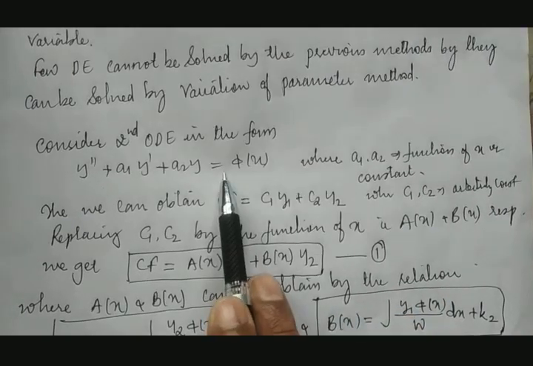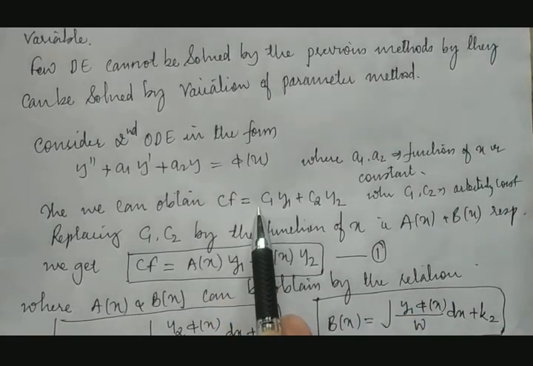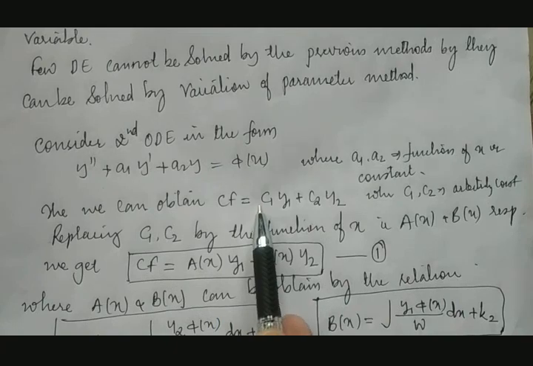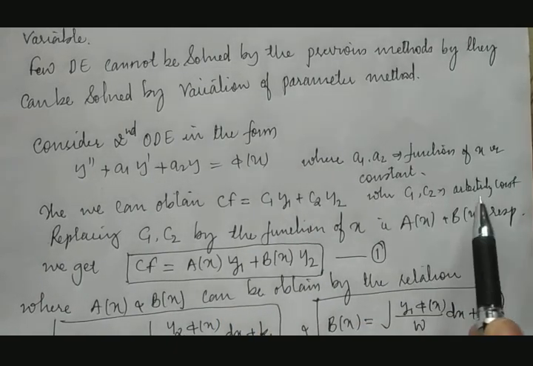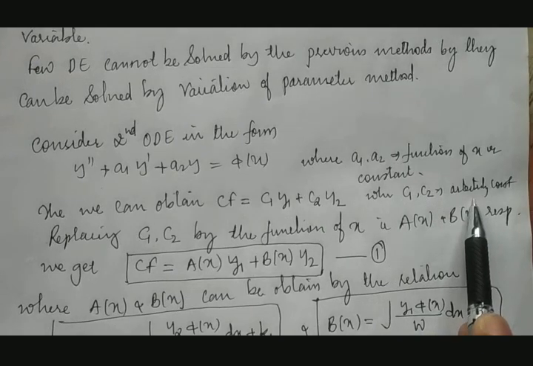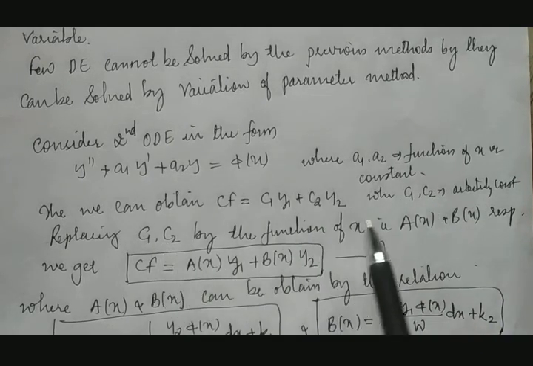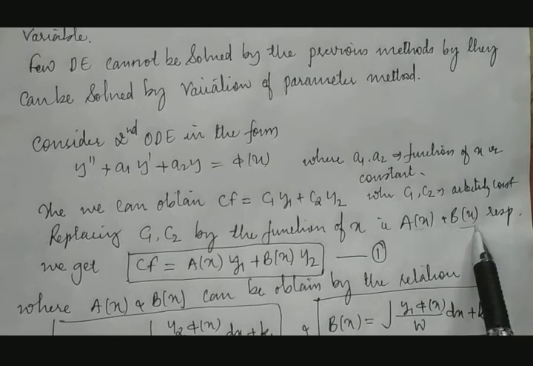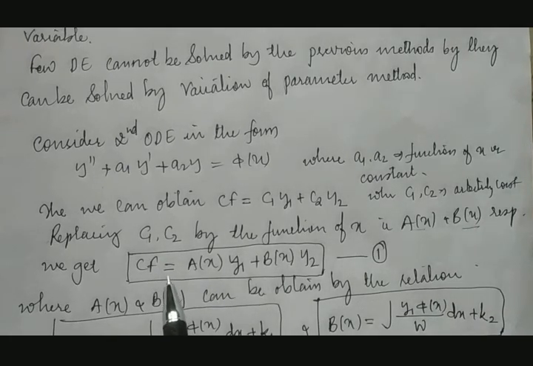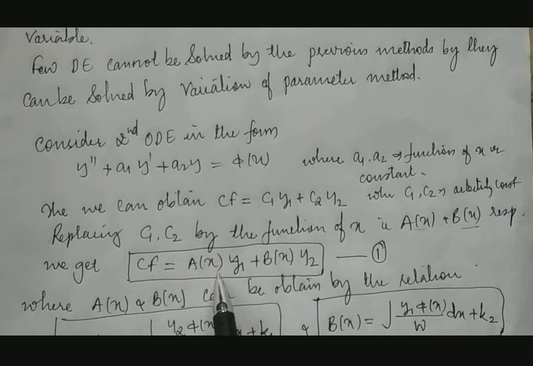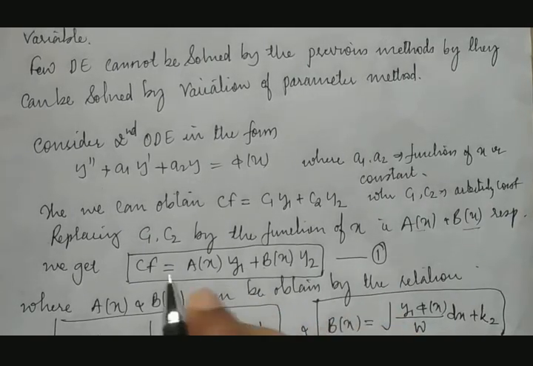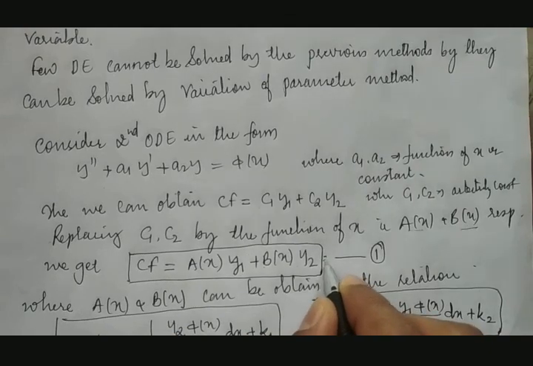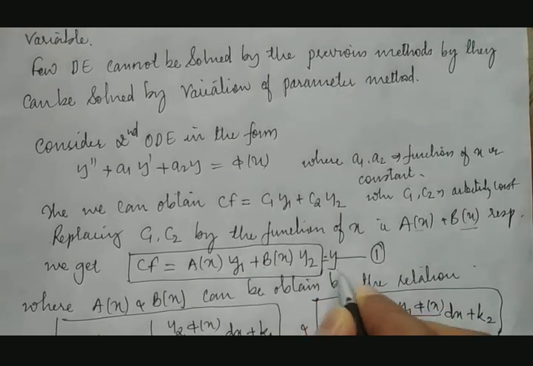If this is a second order differential equation, we will get a complementary function like c1 y1 plus c2 y2, where c1 and c2 are arbitrary constants. So these c1 and c2 will be replaced by a of x and b of x. Then the complementary function becomes a of x y1 plus b of x y2. This itself will be taken as the complete solution y.